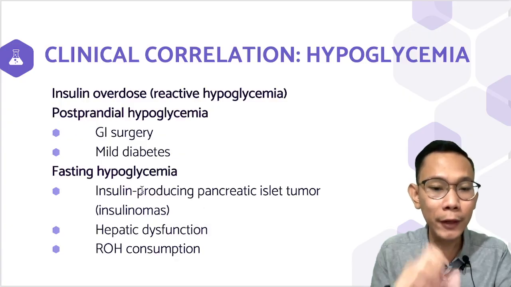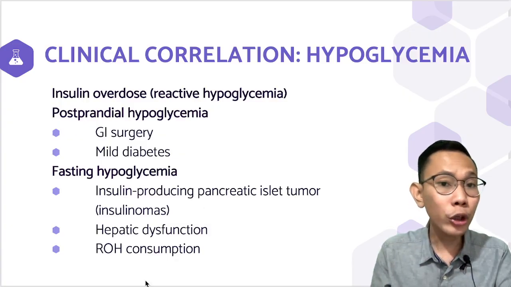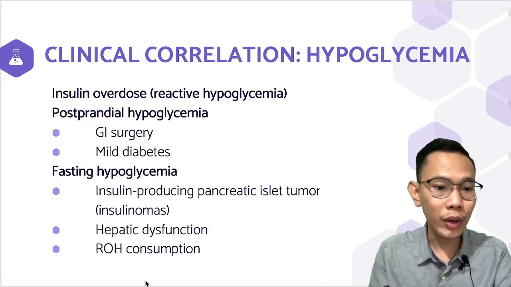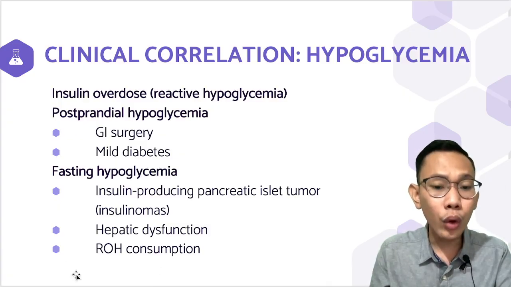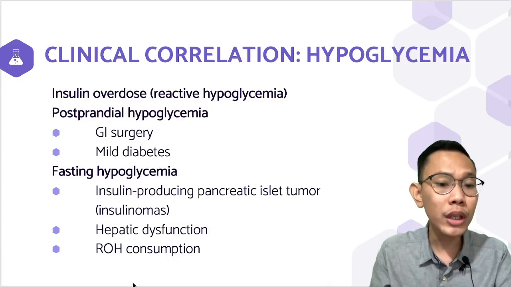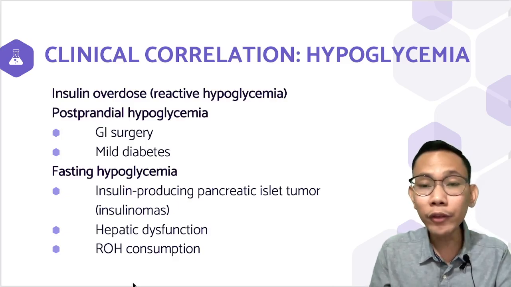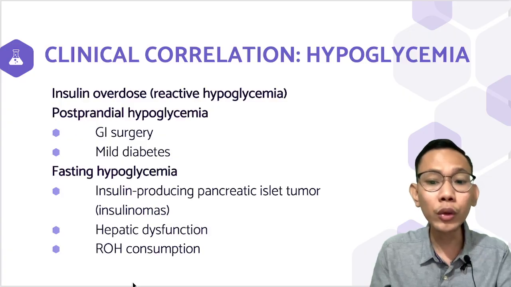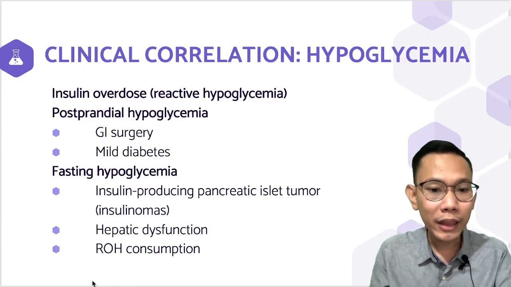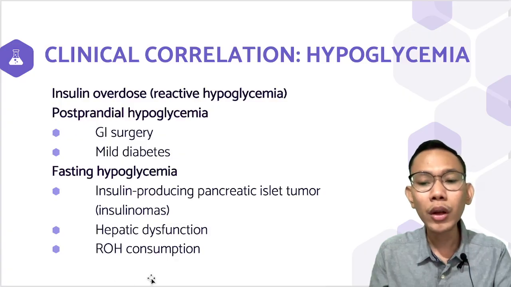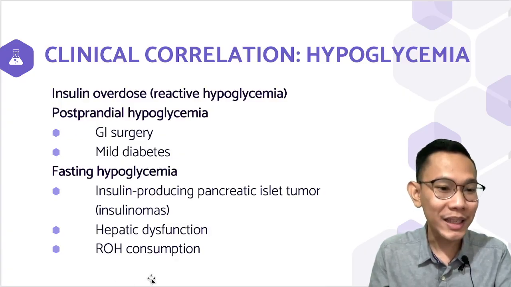And also, you have your hepatic dysfunction and your alcohol consumption. Excessive alcohol consumption, drinking heavily without eating, can block your liver from releasing your stored glucose into your bloodstream. That's why your alcohol consumption will cause hypoglycemia.